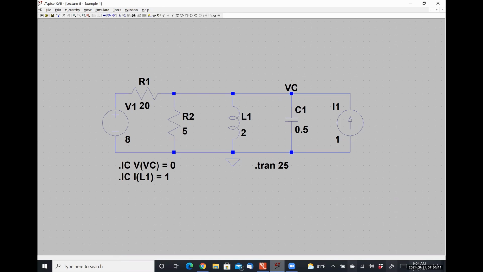One thing I want to point out here: I always choose my ground to be the negative polarity terminal of my capacitor voltage. Because if I don't do that, and I try to put an initial condition on my capacitor voltage, it's either not going to be correct, or I'm going to have to write a larger expression where it's the nodal voltage at the positive terminal minus the nodal voltage at the negative terminal. It's very, very easy to make a mistake there.